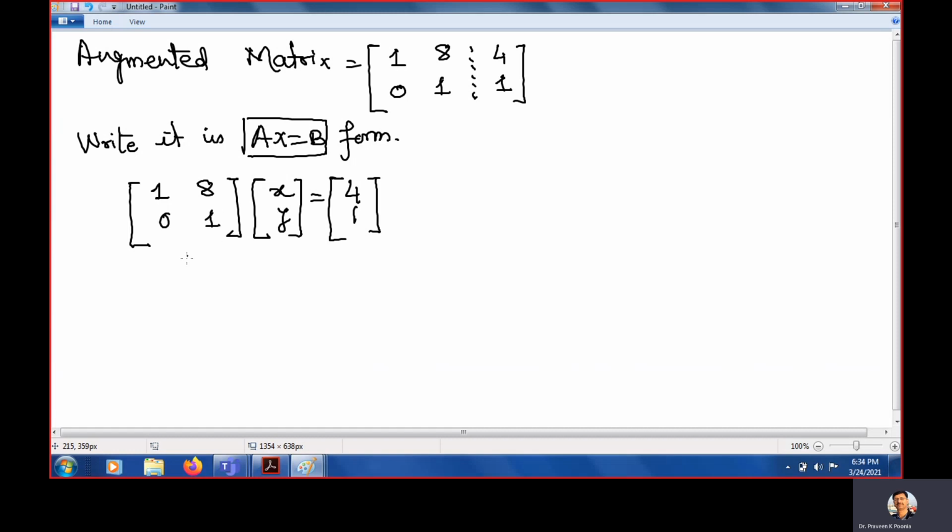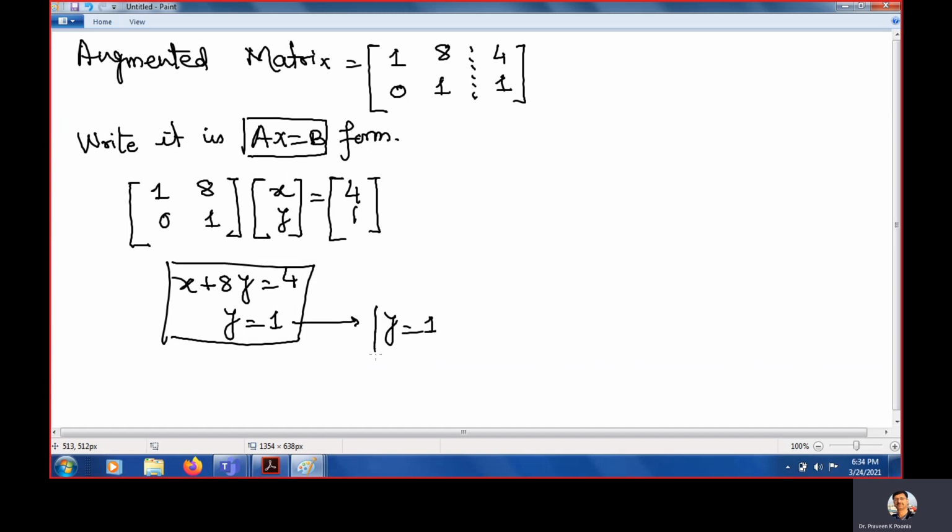Now if we multiply these two matrices, what will we get? X plus 8y equal to 4 and y equal to 1. From these two equations you can directly say the value of y is 1. This is the first answer.